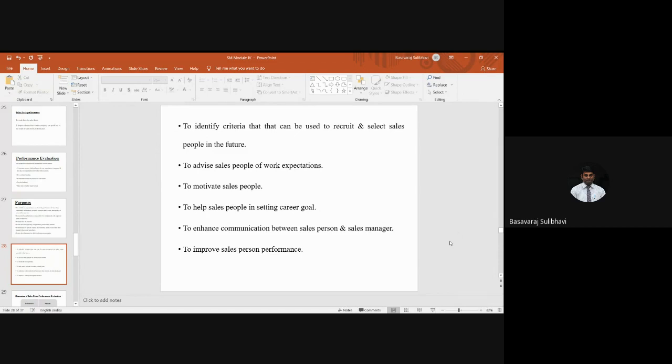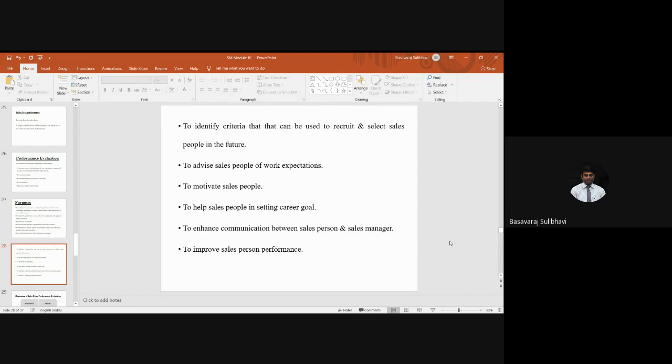Also, to identify criteria that can be used to recruit and select salespeople in the future. This talks about the standards you have to set, the minimum requirements any salesperson should possess to be recruited or selected in specific organizations.